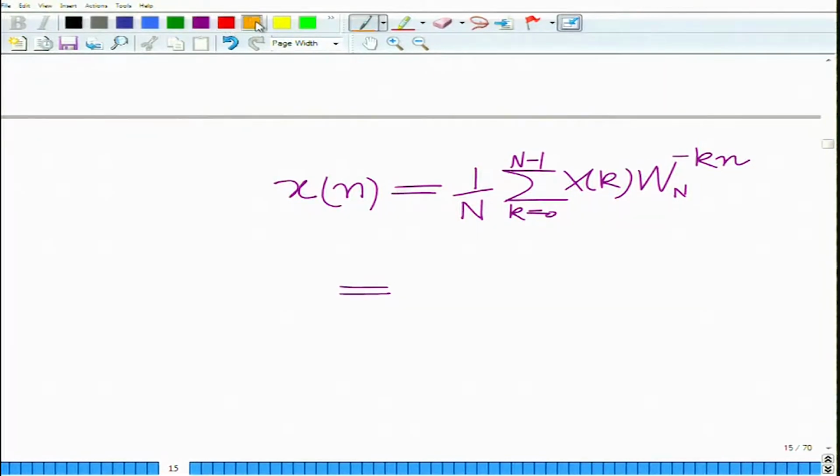Now you interchange n and k, replace n by k, interchanging the roles of n and k.